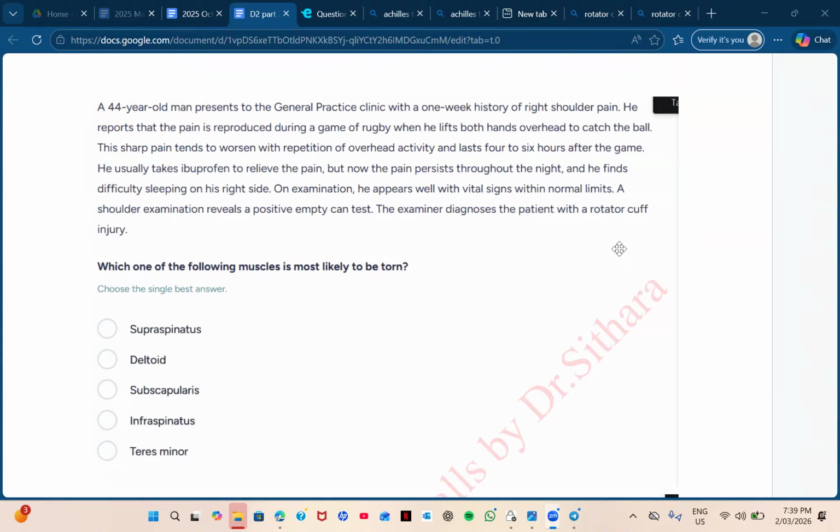He usually takes ibuprofen to relieve the pain, but now the pain persists throughout the night, and he finds difficulty sleeping on his right side. On examination, he appears well with vital signs within normal limits. A short examination reveals a positive empty can test. The examination diagnosed the patient with rotator cuff injury. Which muscle is associated?